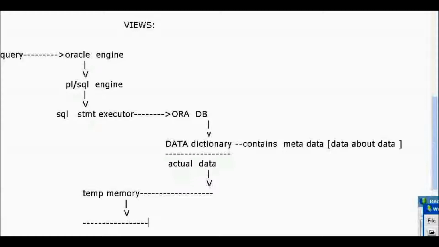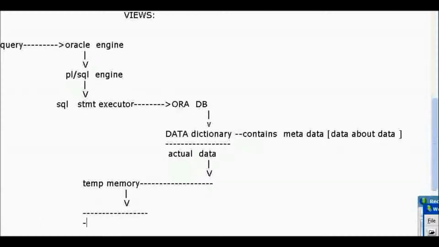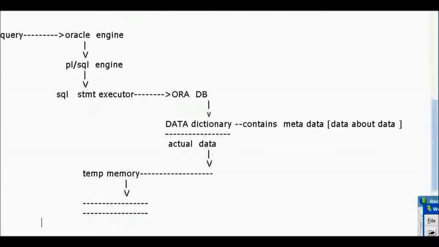Here it opens the records. This is the temporary memory area. So this set of records is known as the active data set.